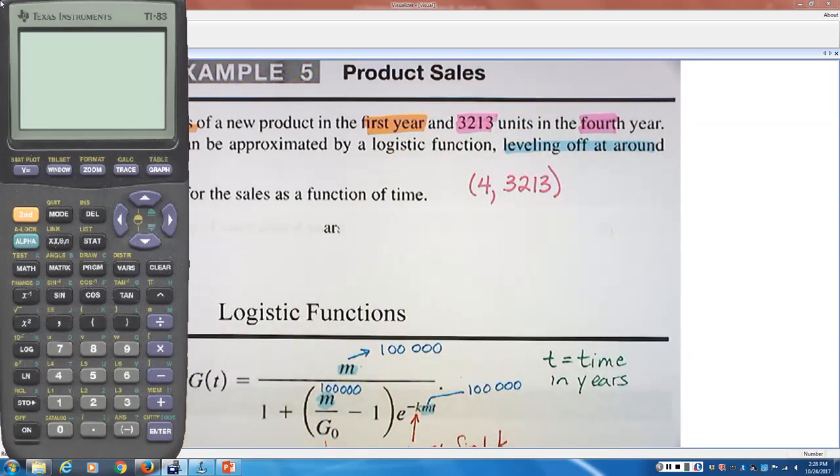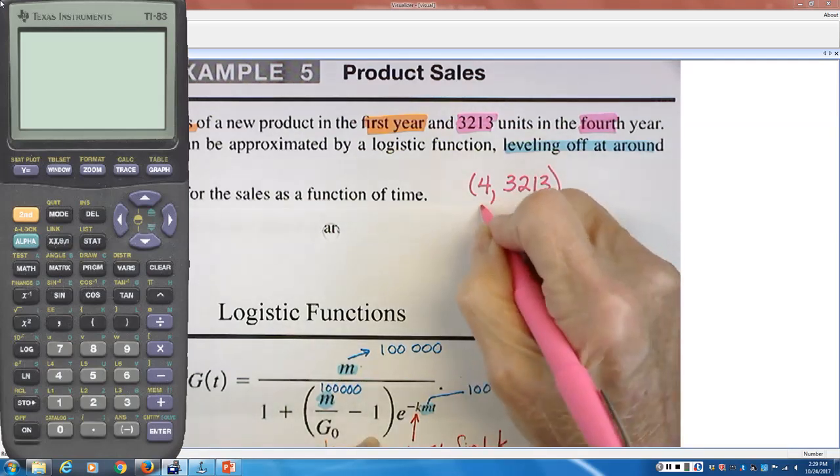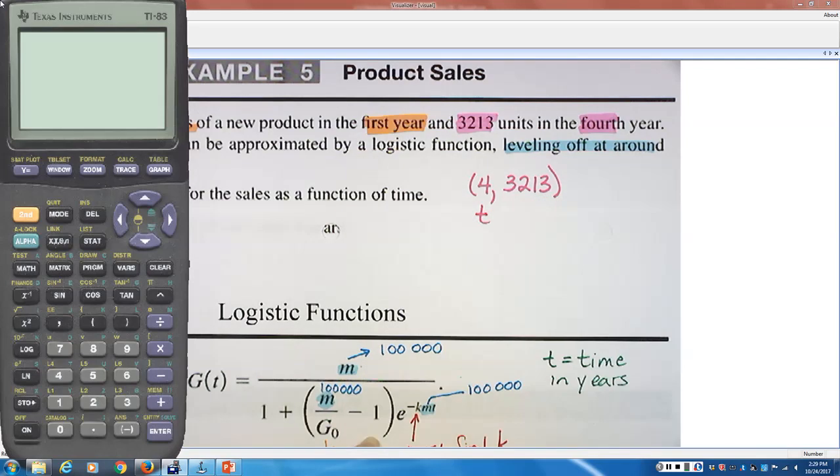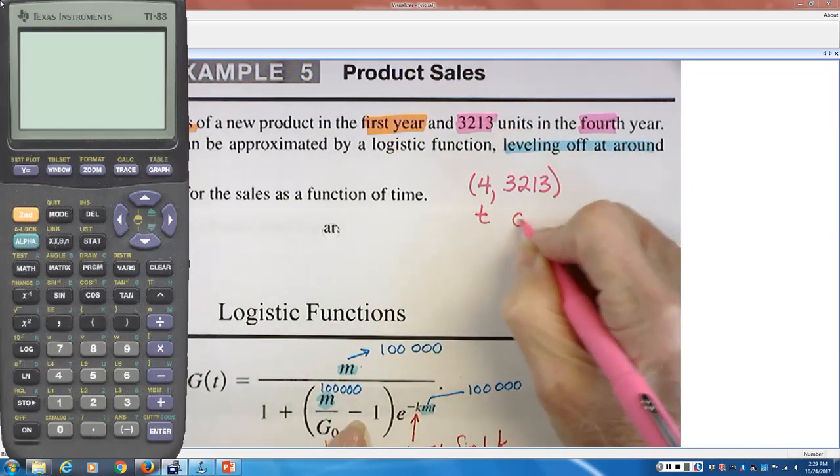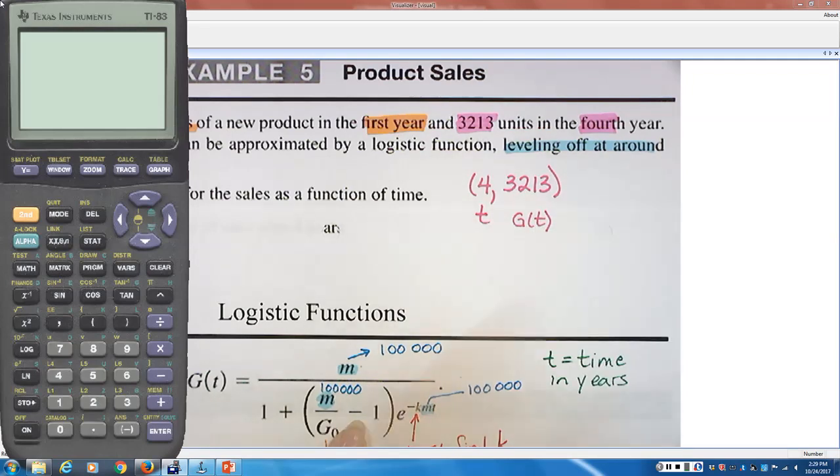So we're going to use that particular point in time to figure out what K is. And the way that we're going to do that is we know that this is T, and we know that this is G of that particular value of T.